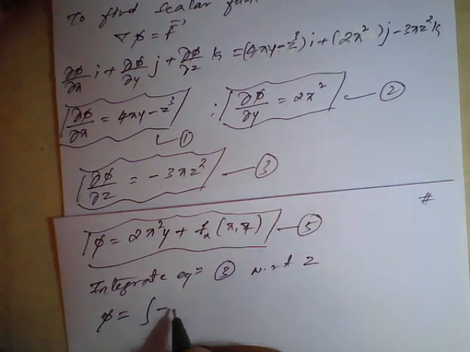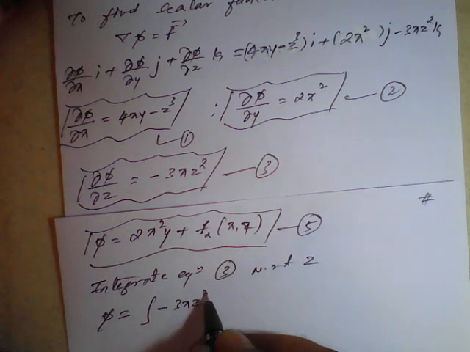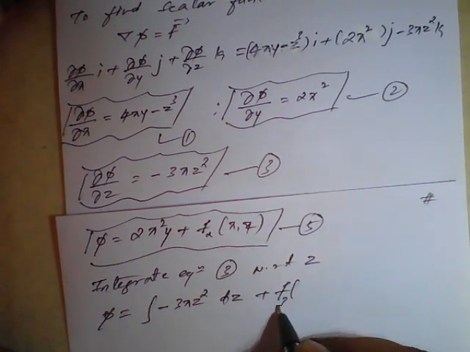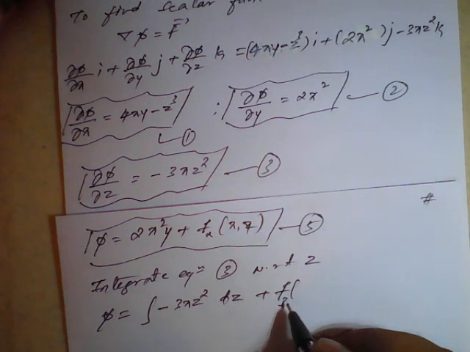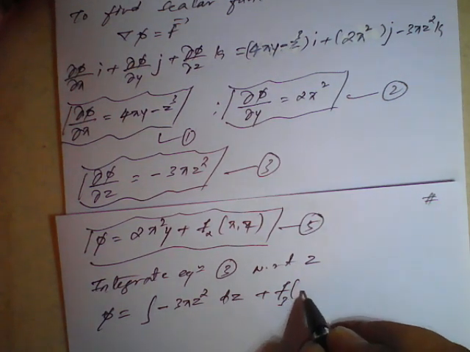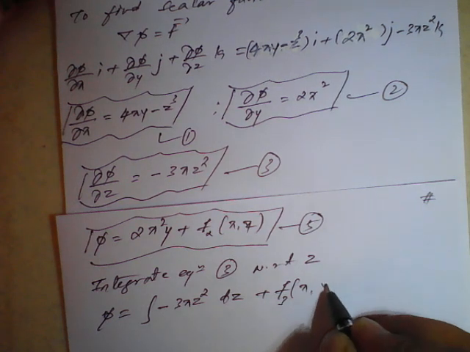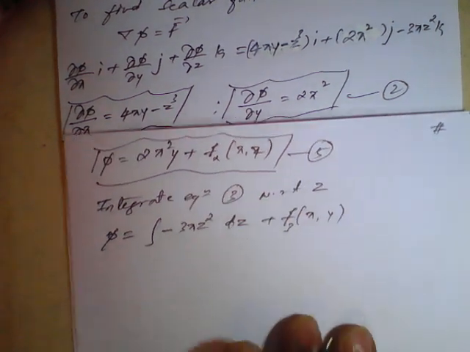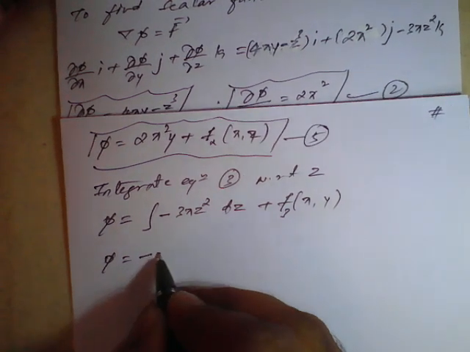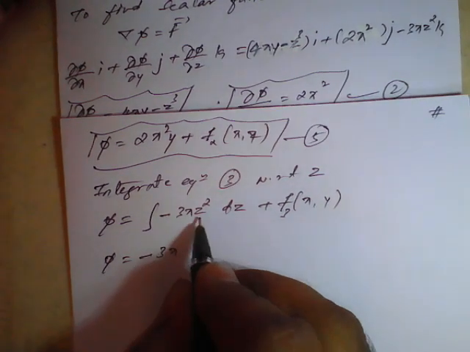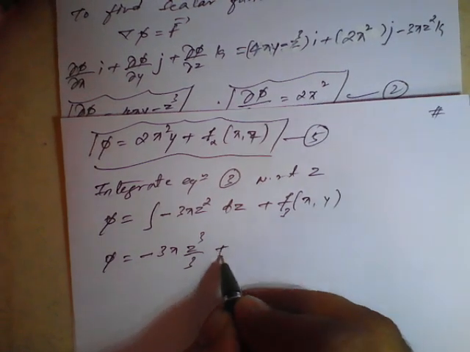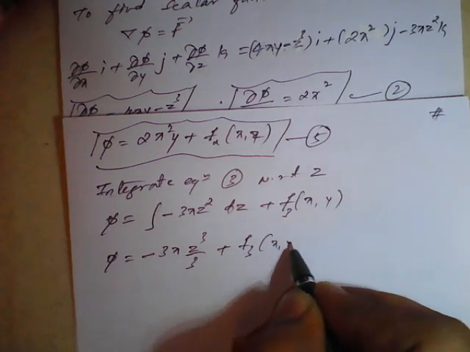So the integration of minus 3xz² with respect to z plus function f3, the integrating function, we have to add as f3 of x comma y, free from z. So therefore our φ will become φ is equal to minus 3, and x is constant, the integration of z² is z³ by 3, plus f3 of x comma y.